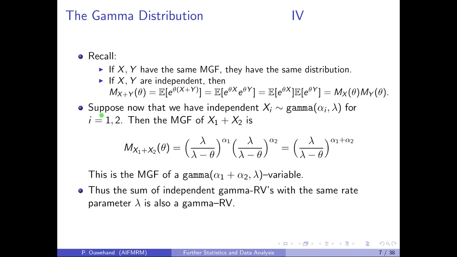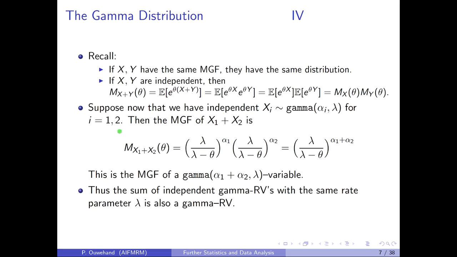Suppose now that we have two independent random variables x1 and x2, which are each gamma distributed. x1 has the distribution gamma(alpha1, lambda), and x2 has the distribution gamma(alpha2, lambda). So x1 and x2 may have different shape parameters, but they have the same rate parameter. Consider now the moment generating function of x1 plus x2.